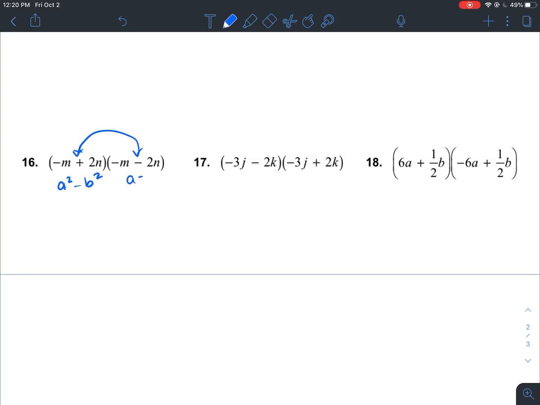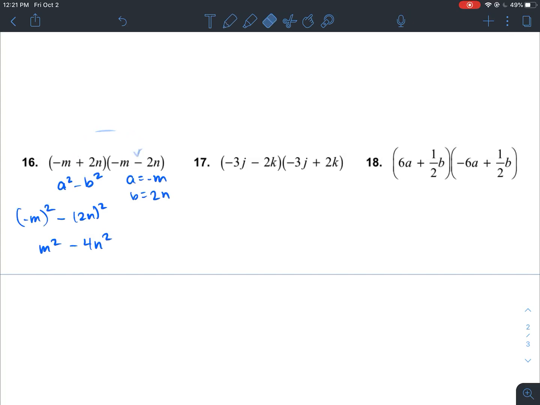So a is going to look like negative m. B should be 2n. Okay, so for a squared, this is now going to be negative m squared minus b, which is 2n squared. So negative m squared will be m squared, minus 2n squared will be 4n squared.